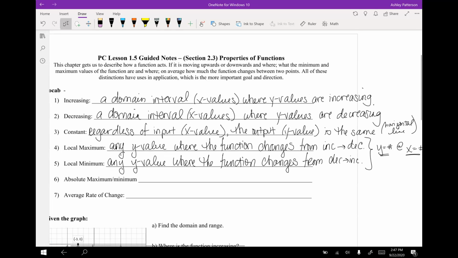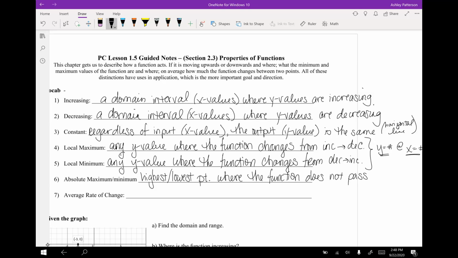And then our absolute maximum or minimum is the highest or lowest point where the function does not pass. So an excellent example of this would be a parabola. Its vertex is either the absolute maximum or the absolute minimum because it is the lowest most point or the highest most point.